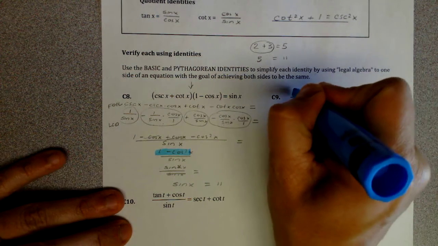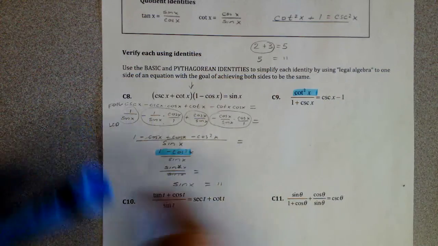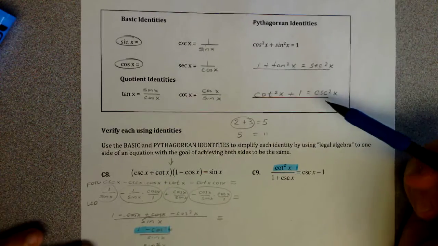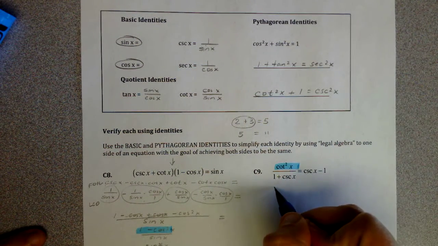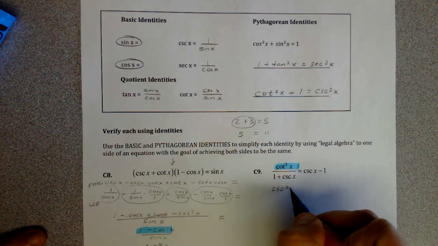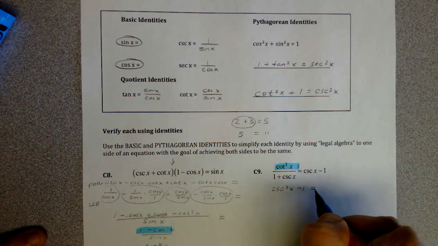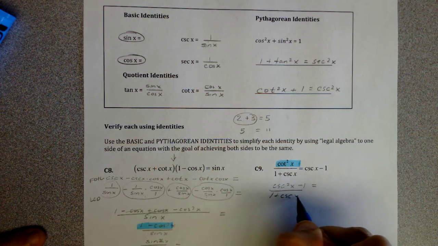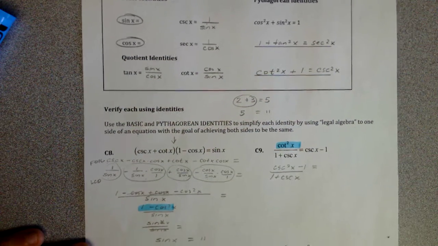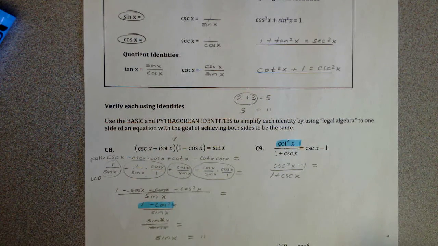If I take cotangent squared and replace it with cosecant squared minus 1, all of which is over 1 plus cosecant x, I'm a lot closer to having a top and bottom that look similar.